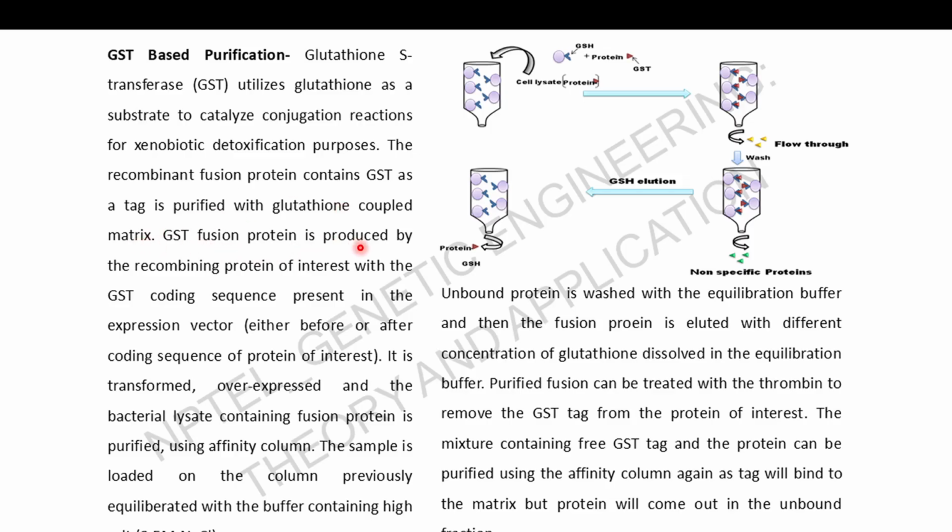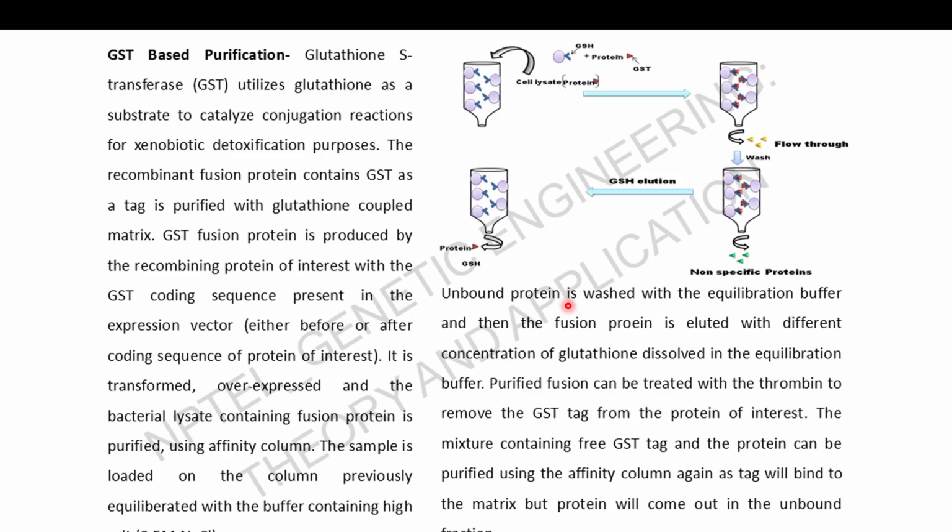Now, the GST fusion protein, the tagged protein, is fused with your protein of interest. Okay, GST is fused with your protein of interest, overexpressed, and then the sample is loaded onto the column, which is previously equilibrated with a buffer containing this much amount of salt.